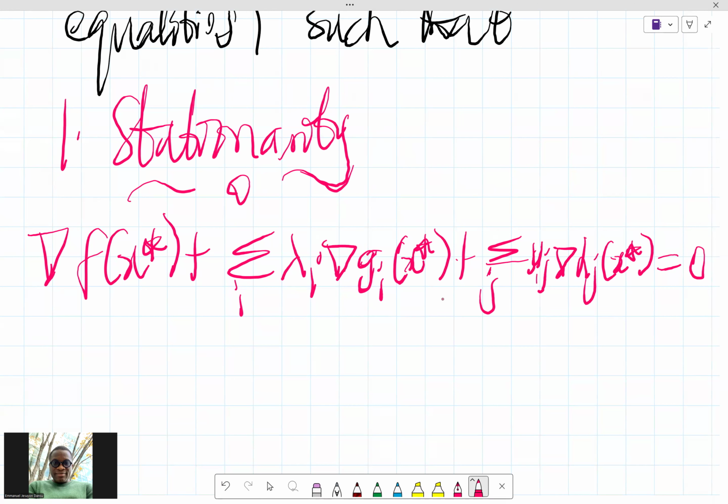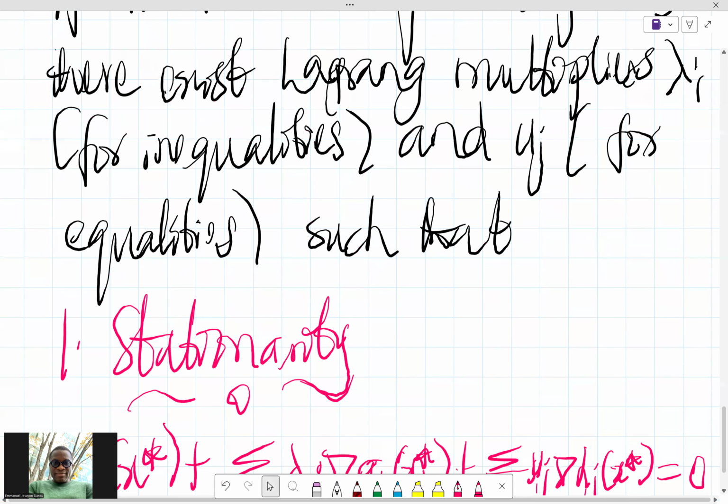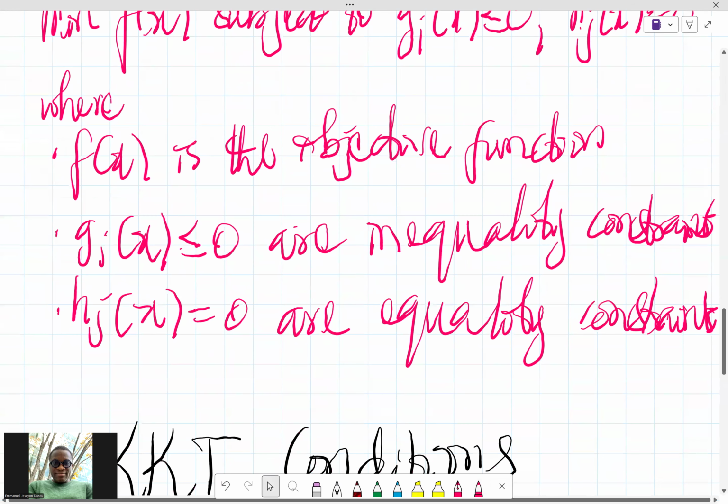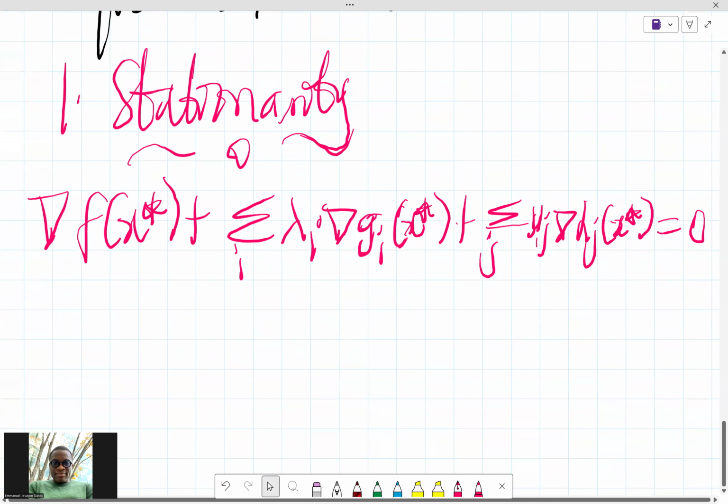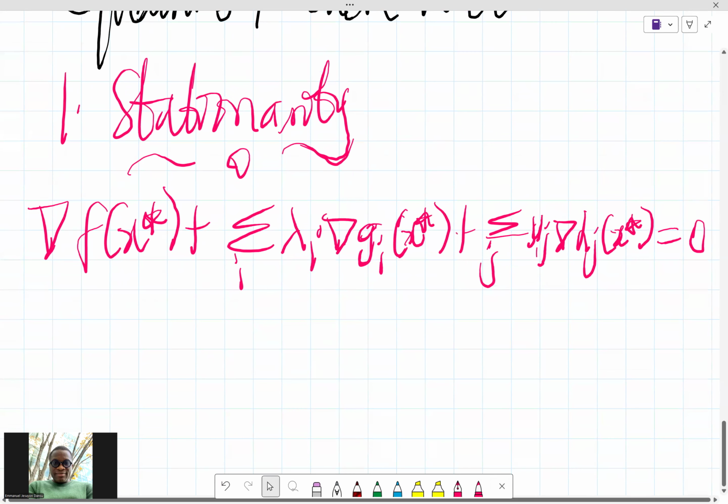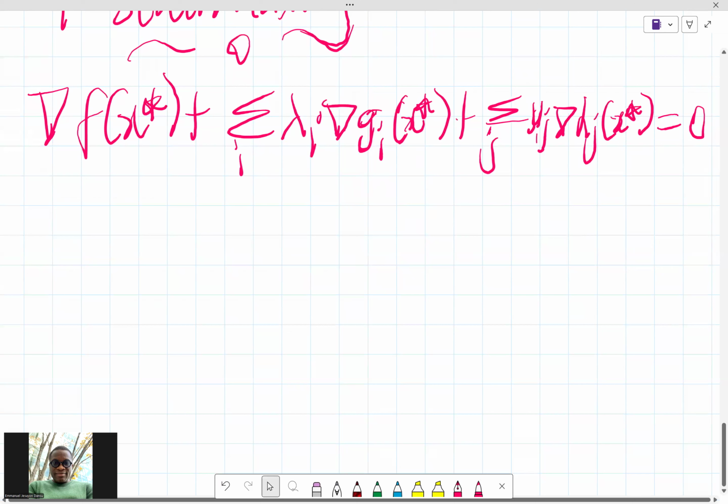That's like the Lagrange expansion of the problem we stated above. For stationarity, that whole expression is equal to 0.